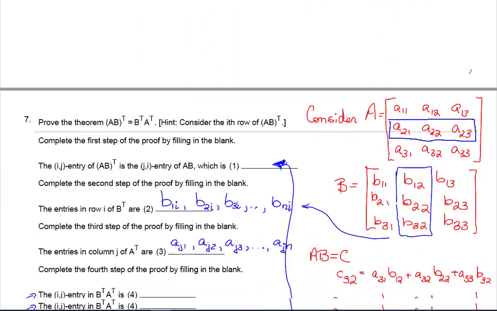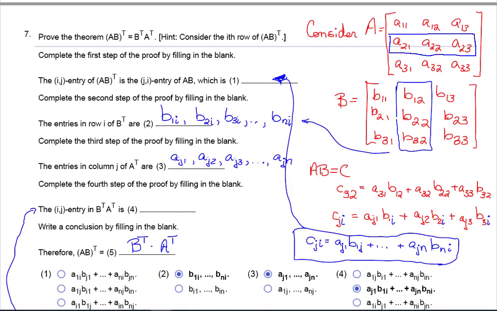And in our last problem, we'd like to prove that if I take the product A times B and I transpose that, it's the same as B transpose times A transpose.